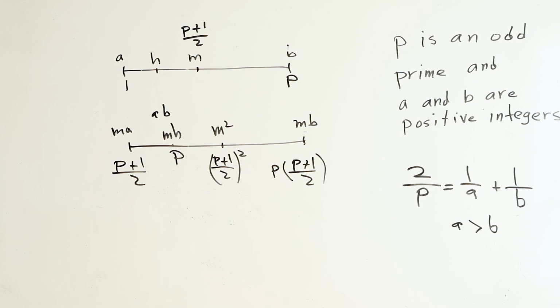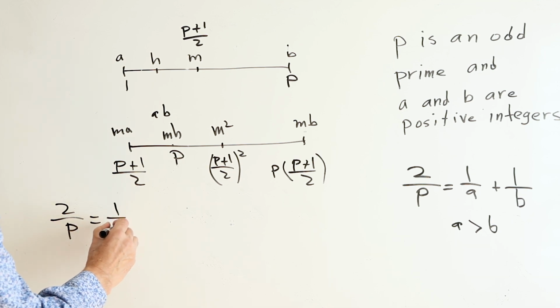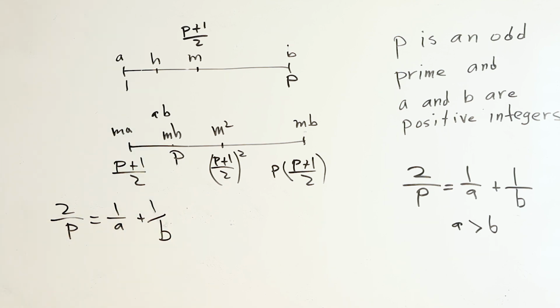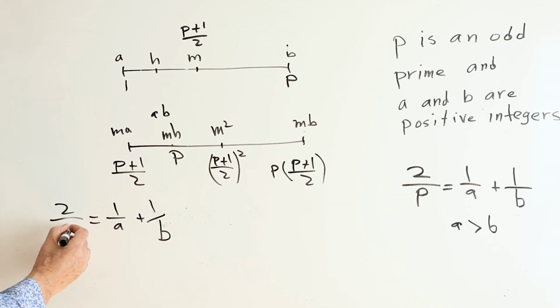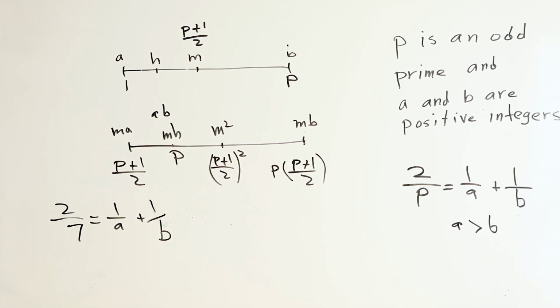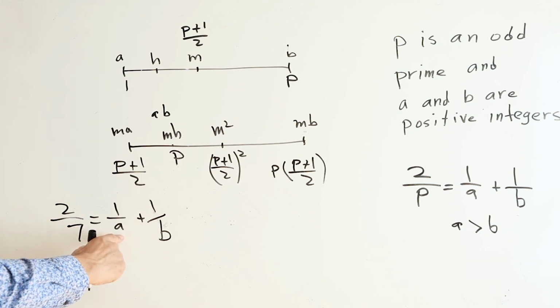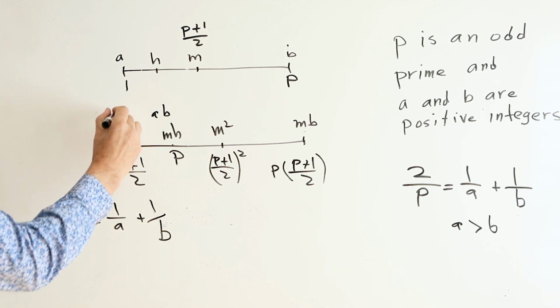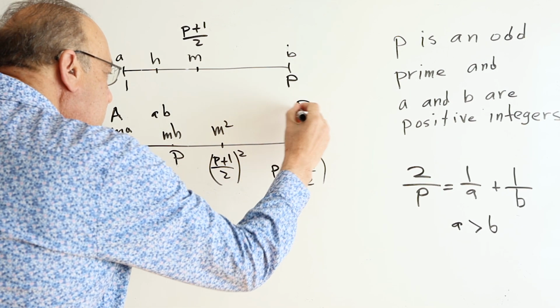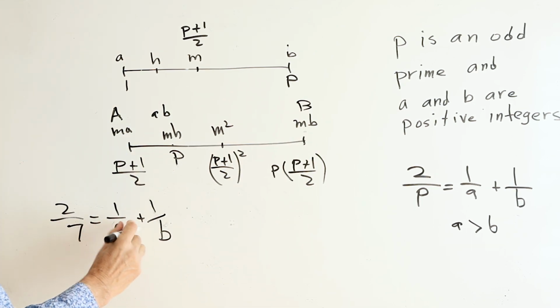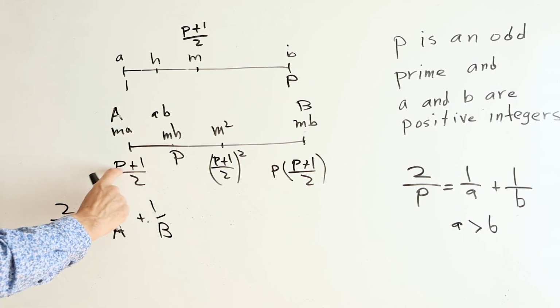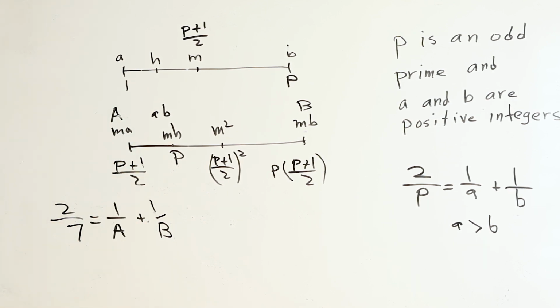Let's look at an example. Suppose we want to find 2 over p equals 1 over a plus 1 over b. Let's pick a prime number like 7. According to this, the new a, let's call it capital A for right now, and capital B. So capital A is going to be 7 plus 1 divided by 2, so it's going to be 4.